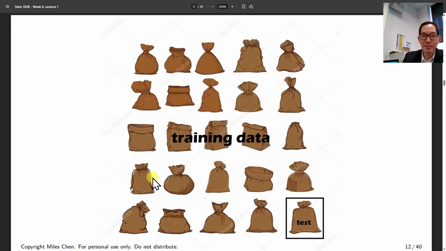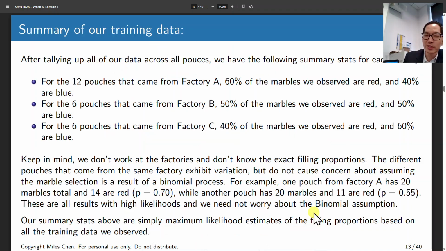So this is 25 bags here. 24 of them are going to serve as our training data, and this is going to be our one test case over here.